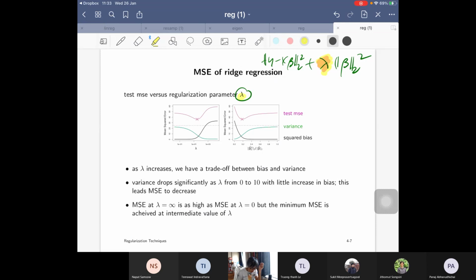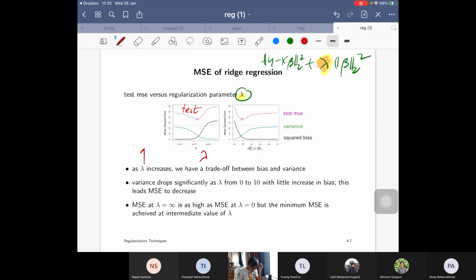Well, in this plot we plot MSE versus the regularization parameter lambda, and then we have the test MSE, and then we have the variance and the squared bias.